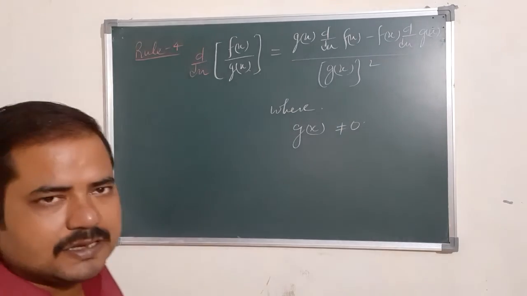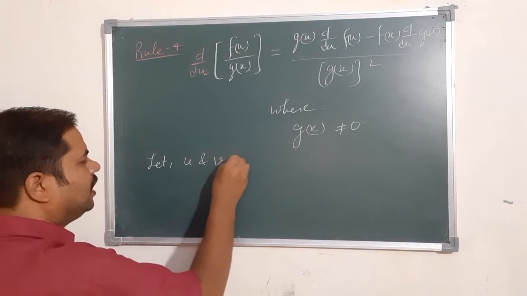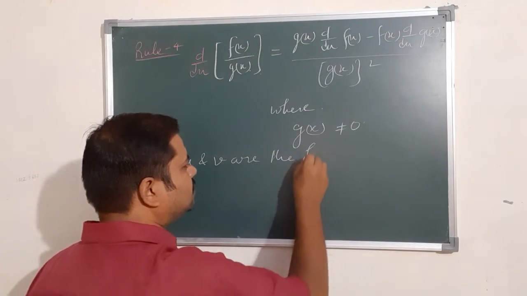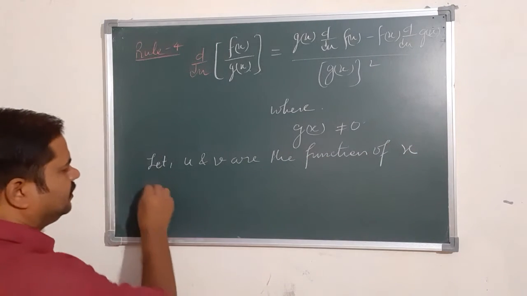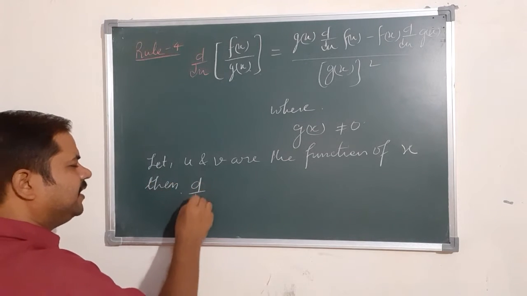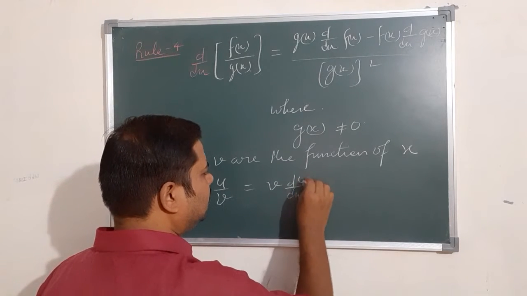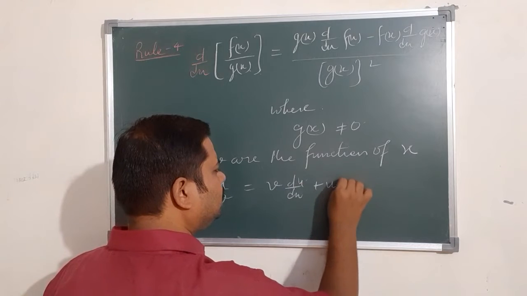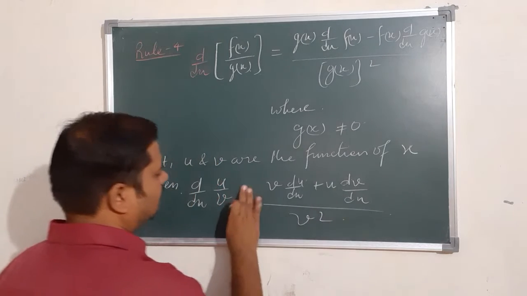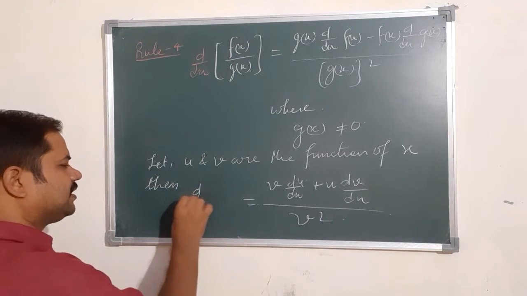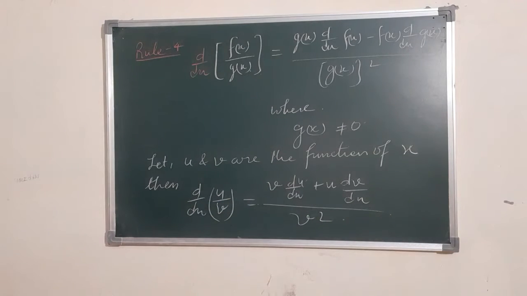Sometimes it is written as: let u and v be functions of x, then d by dx of u upon v is equal to v du by dx minus u dv by dx, divided by v square, where u and v are functions of x.